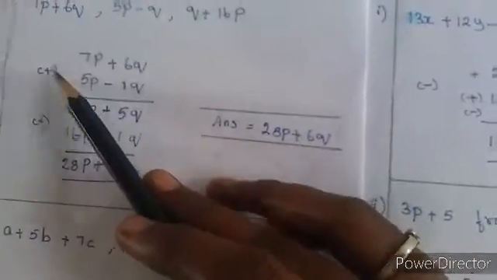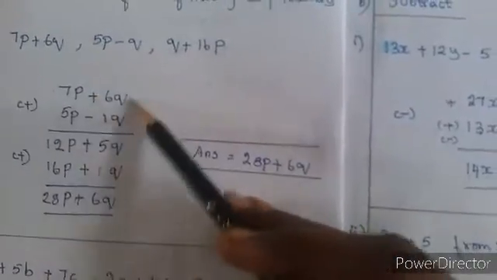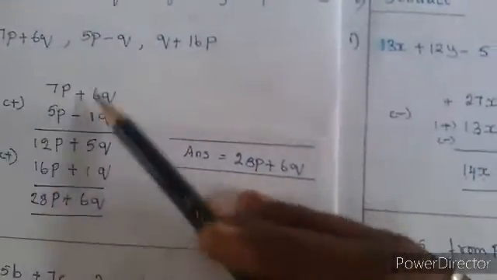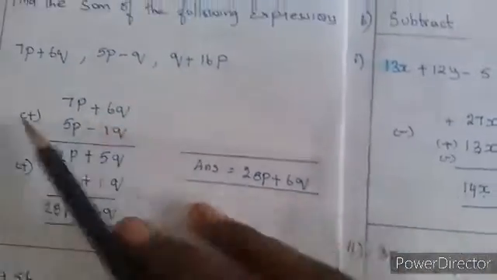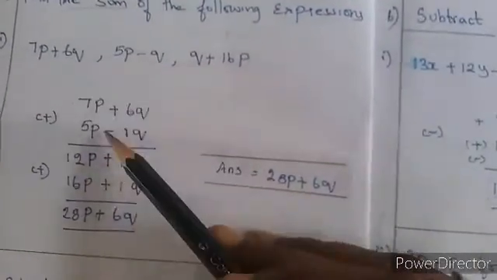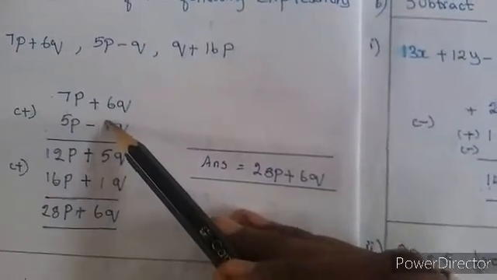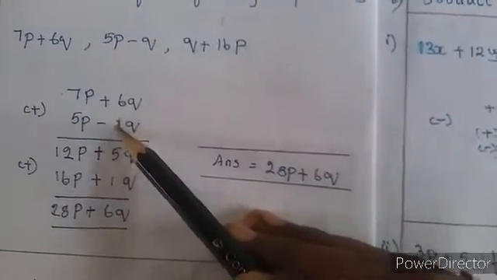Okay, arrange the first two expressions and you can add. So along with the p terms and the q terms, you have to arrange the numbers and then we have to add these two expressions. Now 7p plus 6q, under that 5p minus q. If no numerical coefficient is there, we have to assume that as 1.